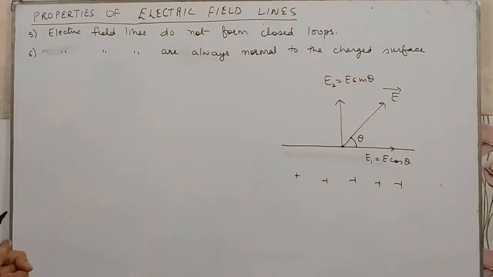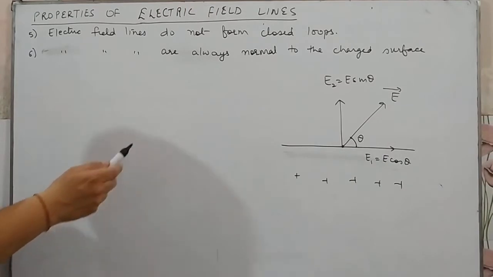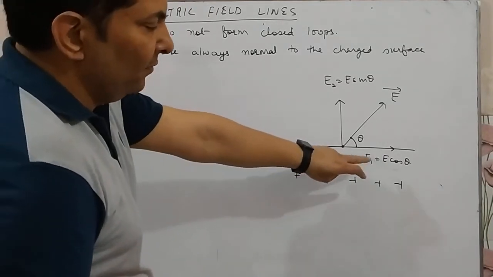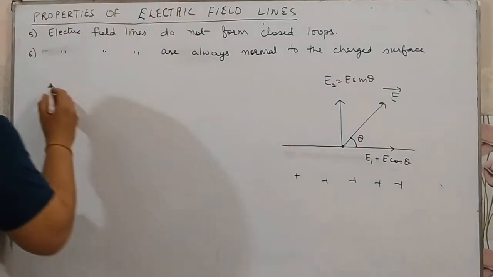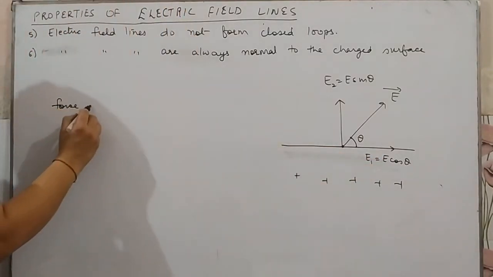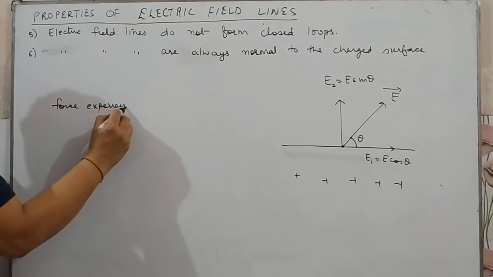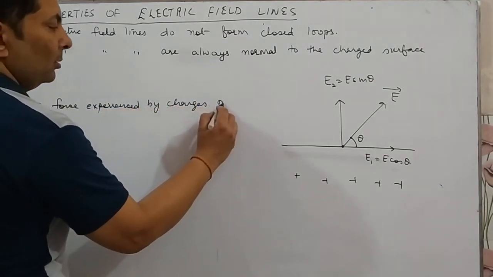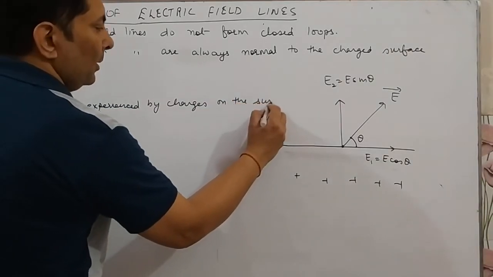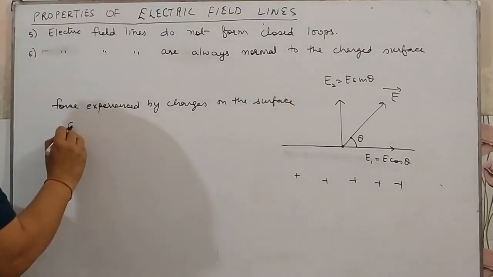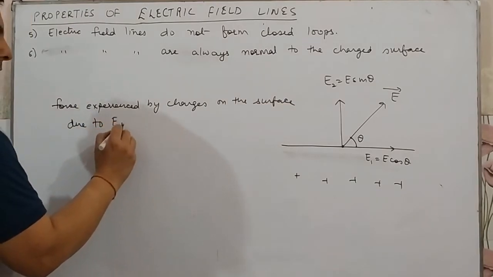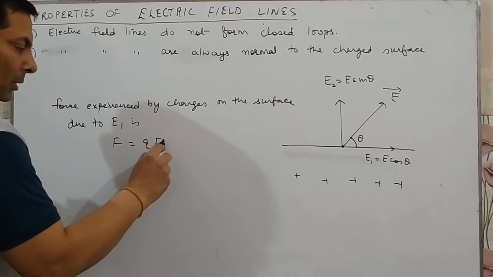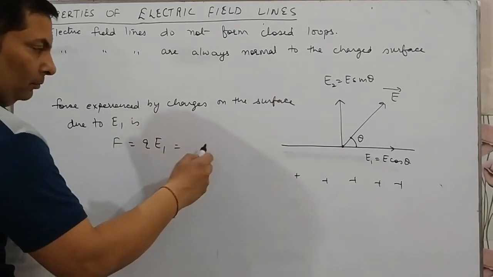Now the charges present on this surface will experience a force because of this electric field. The force experienced by the charges on the surface due to E1 is F equals Q E1, where Q is the charge.